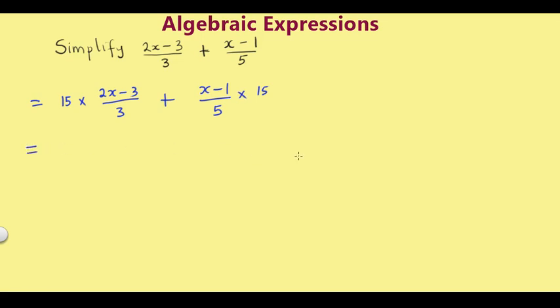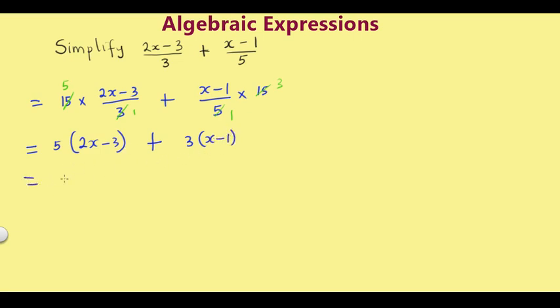So here we can say 3 goes here 1, 3 goes here 5, 5 goes here 1, 5 goes here 3. Then we can turn it to 5 multiplied by what we have here, which is 2x minus 3, plus this one, 3 multiplied by x minus 1, close the bracket.